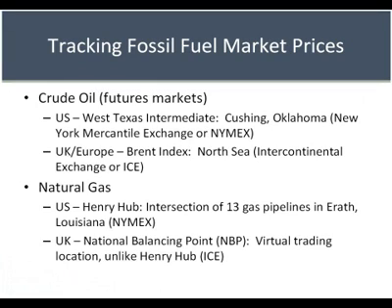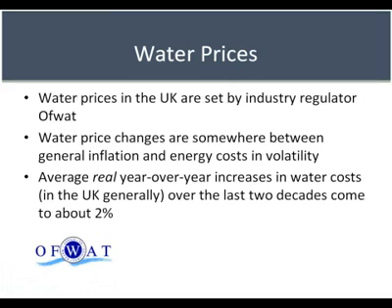So we use Henry Hub for pricing. That's in Louisiana. UK uses National Balancing Point. And then crude oil has got its ones mentioned there as well. This is just kind of a summary of Ofwat, that is the regulator for water.